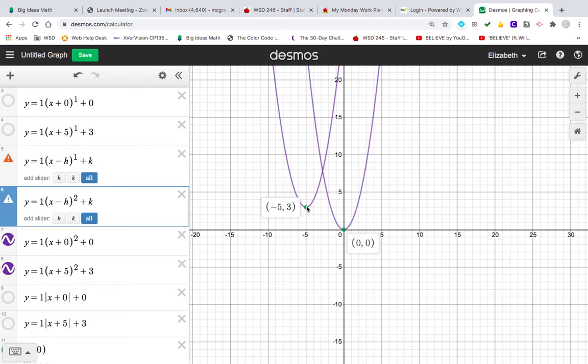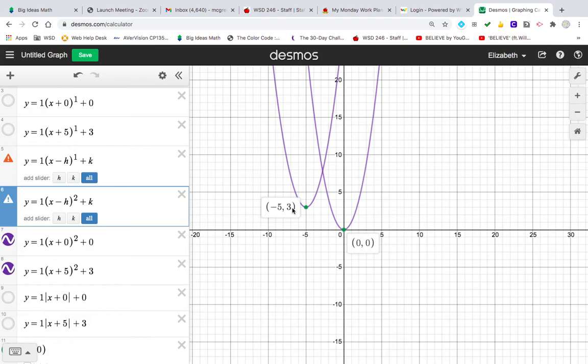It moves 5 to the left, it moves up 3. So we have a name for these things, this (0, 0) at the bottom of our parabola, and this (-5, 3) at the bottom of our parabola, and we call that thing the vertex. And this is really vertex form. Okay, so I've got this vertex, how my (0, 0) changes to (-5, 3).